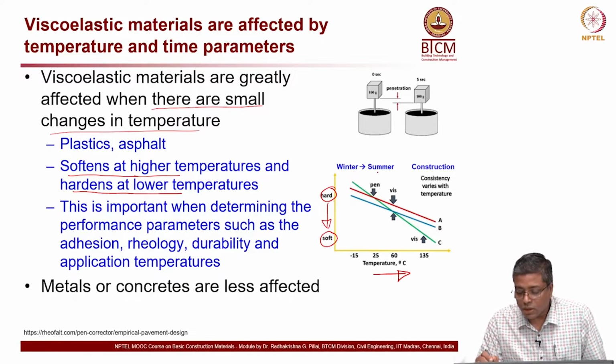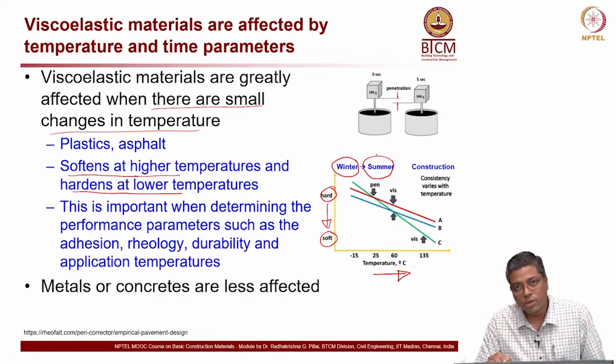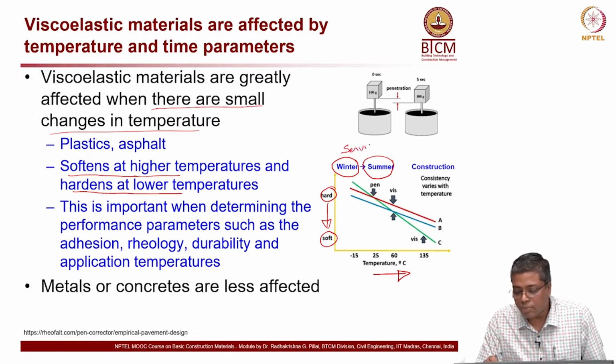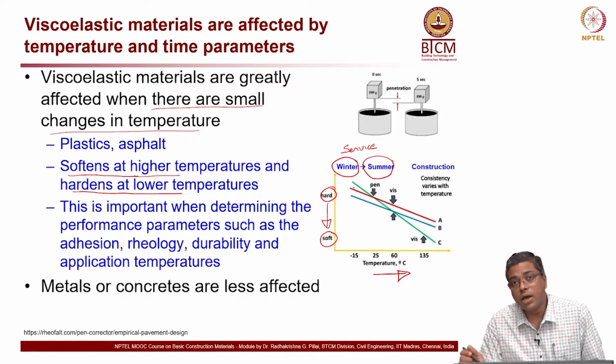And so, in reality, how do we look at this temperature increase? From winter, the temperature will be low, in summer the temperature will be high. Okay. This happens during service, every year. Now, there is also a case where this material experiences much higher temperature, during construction.